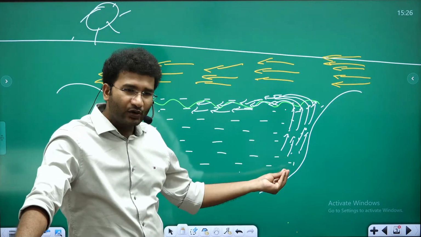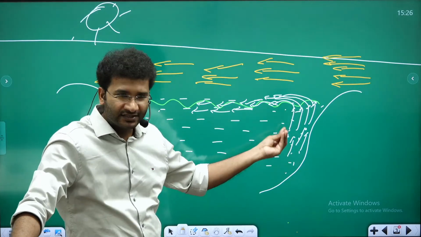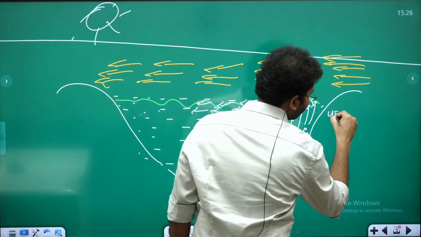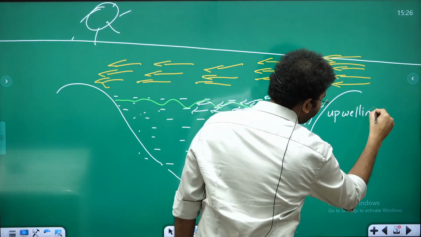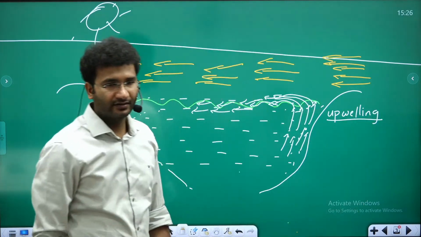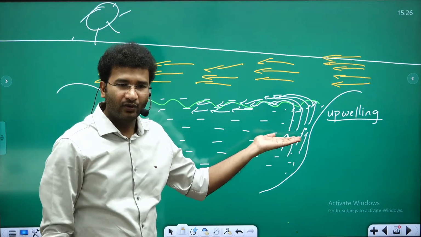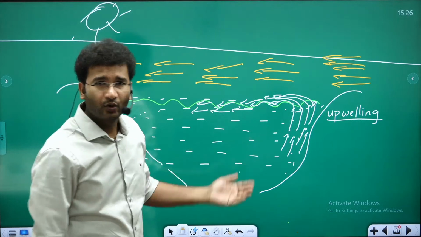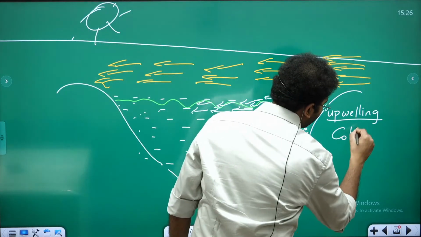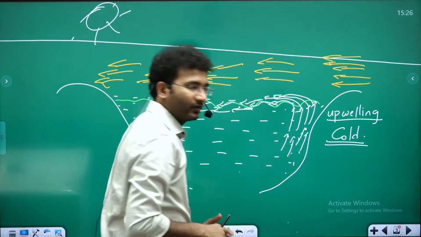It is actually the cold water which is coming up, and this is called upwelling, right? And in upwelling, what kind of water will you have? Cold or warm? Cold. You will have cold water, right?